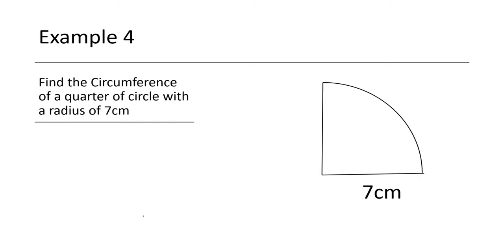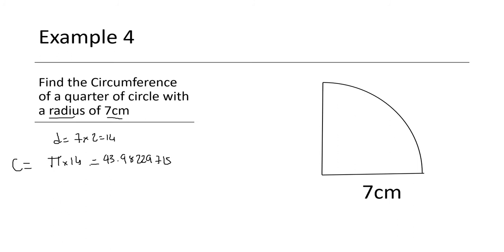Now, what about if it's a quarter of a circle? Again, we're given a radius of 7, so our diameter is equal to 7 times 2, which gives us an answer of 14. Then what we have to do is pi times 14 to get our circumference, which gives us an answer of 43.98229715.